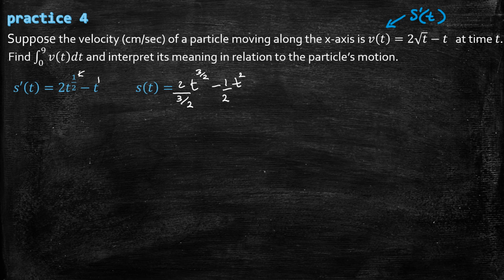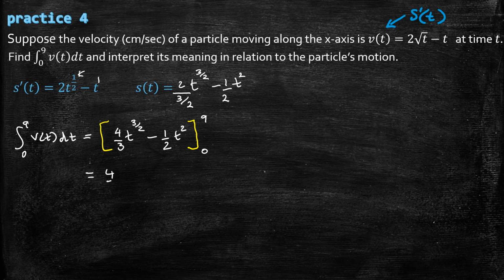So now let's work this out. So the antiderivative of v of t we've just established. So 2 over 3/2 simplifies to 4/3, t to 3/2, and then minus half t squared. And I'm going to use the brackets. This is my preferred method, so I don't forget any terms, and we're going from 0 to 9.